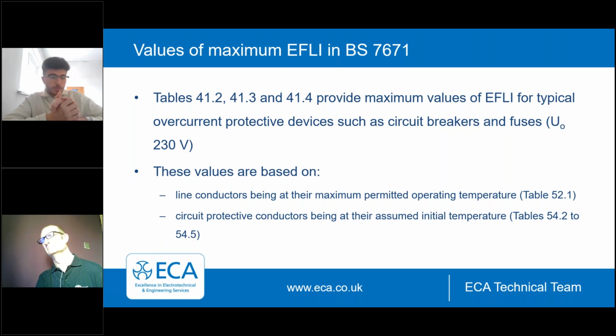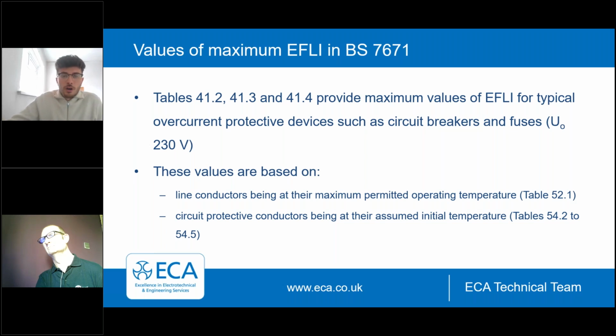Now, that's maximum operating temperature, so in order for that cable to get up to that 70 degrees, it's of course got to be under load, and it's going to have to be a considerable load. It's going to have to be at its maximum current carrying capacity for that set of conditions.